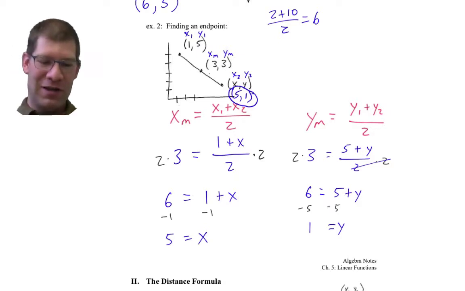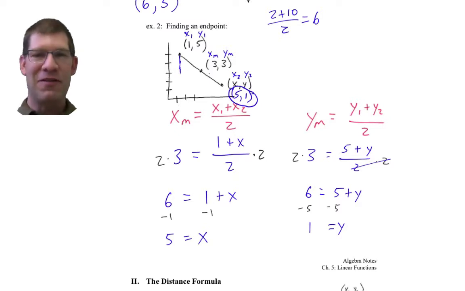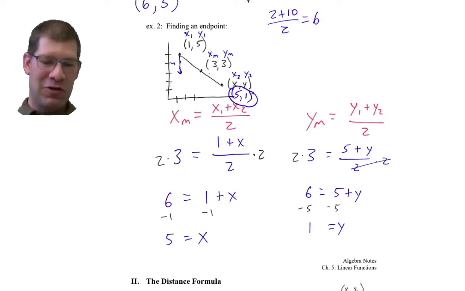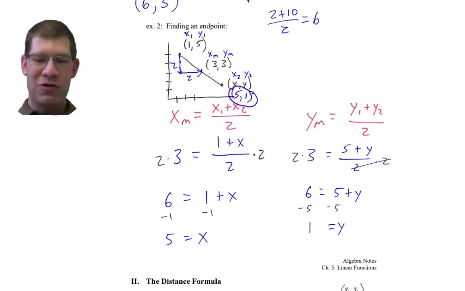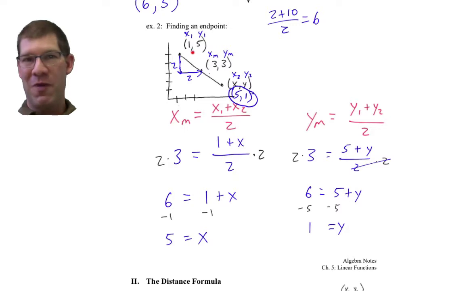If you're looking at this here, going down, this is definitely easier if you have a picture. If you just have 2 points on a page, the equations are going to be easier than this. But for this, I went down 2, and then I went over 2. Down 2 is going from my height of 5 to height of 3. And going over 2 is going from my 1 to my 3.